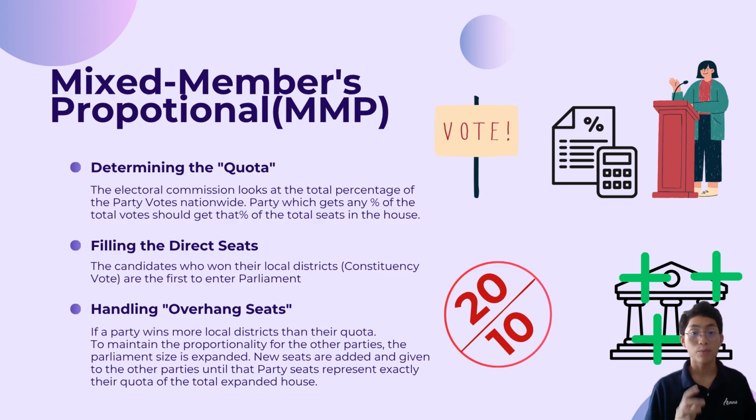Like if one party wins more local districts than its quota, to maintain proportionality for the other parties, the parliamentary size will expand. Like from the old version we have 500 total MPs, but we will have to handle the overhang, so we will go up to like 600 or 700.